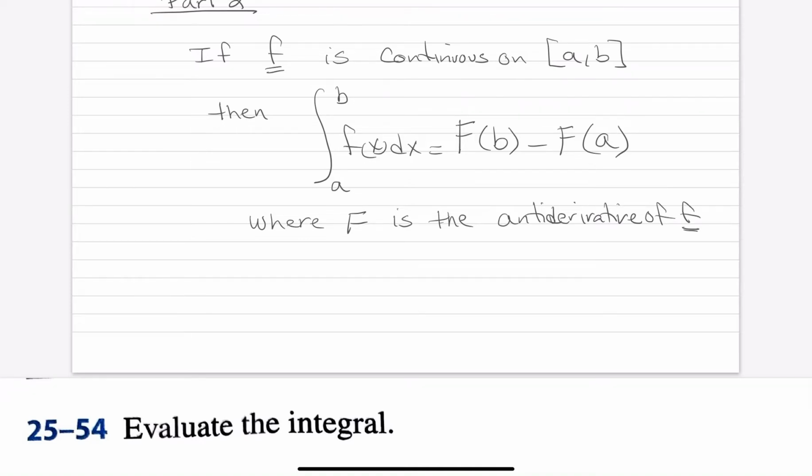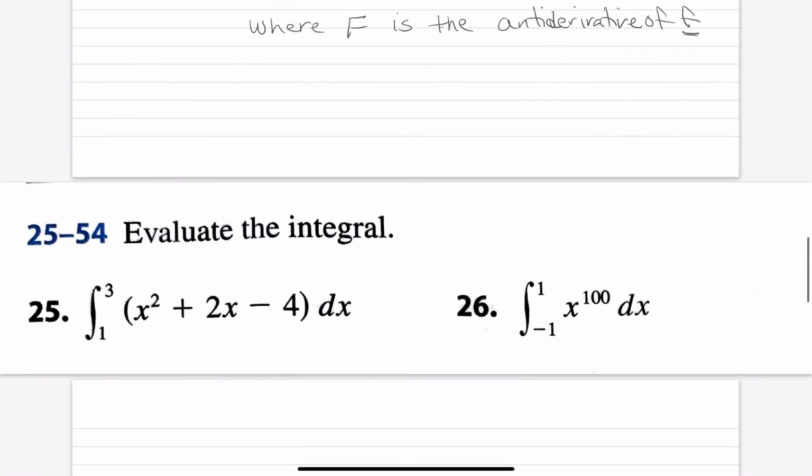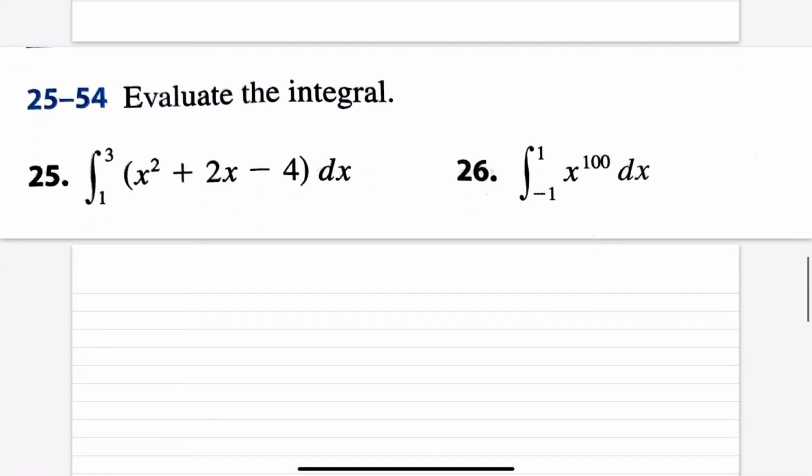Okay, let's see if we can use that formula to evaluate these integrals. Okay, let's start with number 25. The integral going from 1 to 3 of x squared plus 2x minus 4 dx. Now I need to use a formula for that.